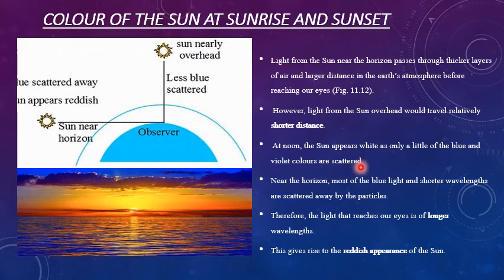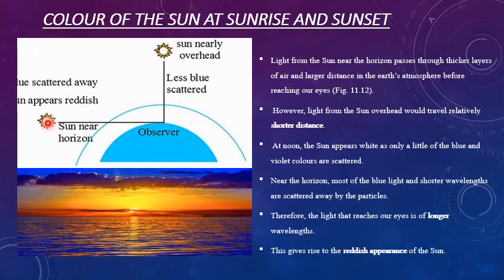are scattered. Near the horizon, most of the blue light and shorter wavelengths are scattered away by the particles. Blue light goes because it has a shorter wavelength and it cannot pass through longer distances, so it will go away. Therefore, the light that reaches our eyes is of larger wavelength.